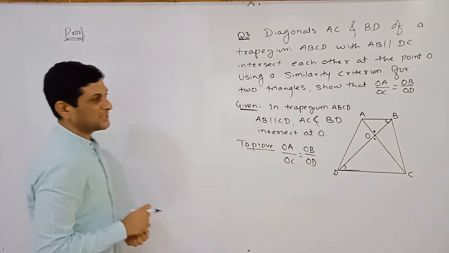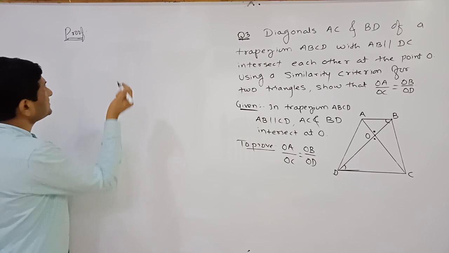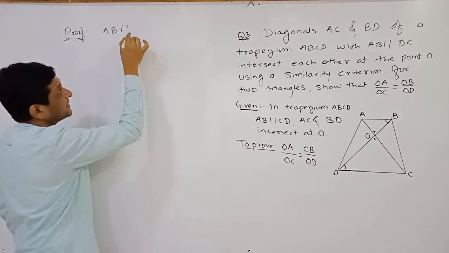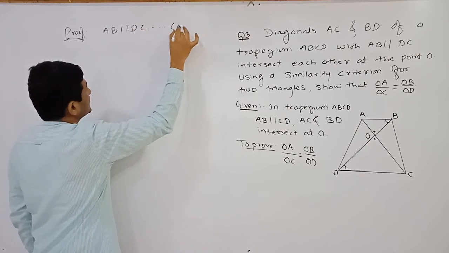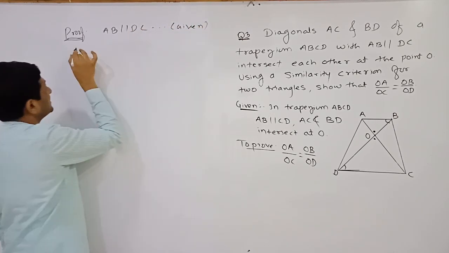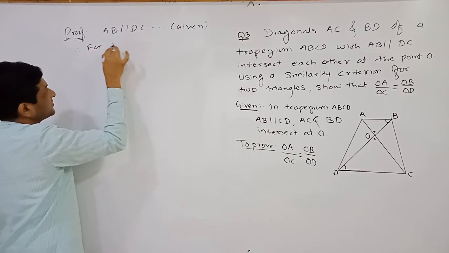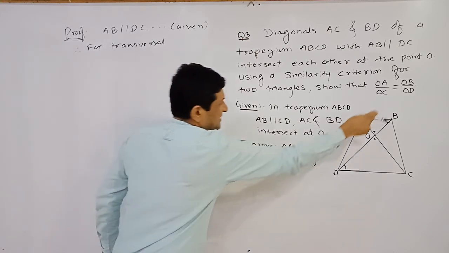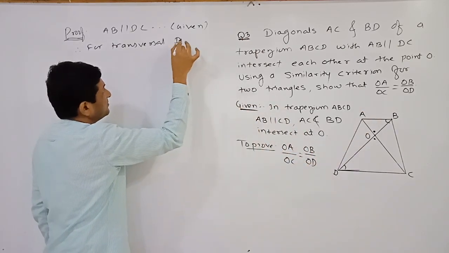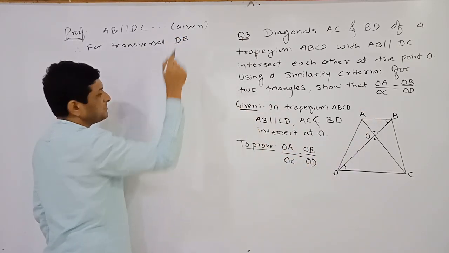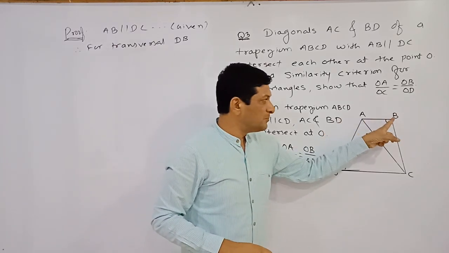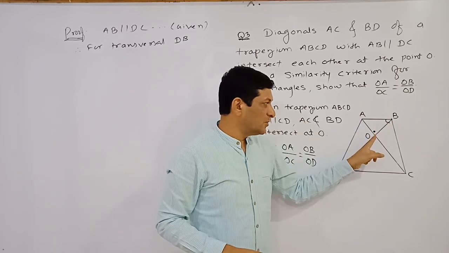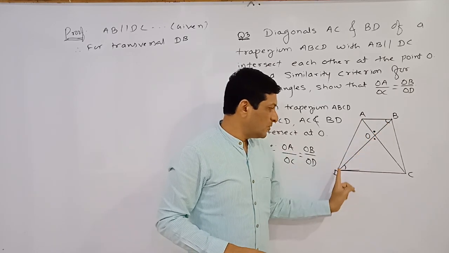Now let us try to show that these two triangles are similar. So here it is given to us that AB is parallel to DC. So therefore, for transversal BD, or we can say DB, angle OBA is equal to angle ODC.